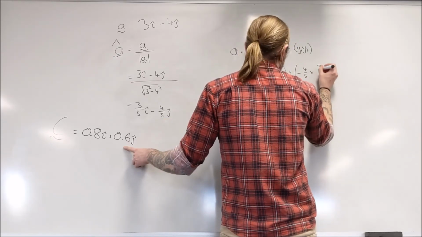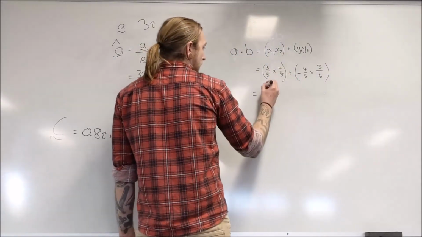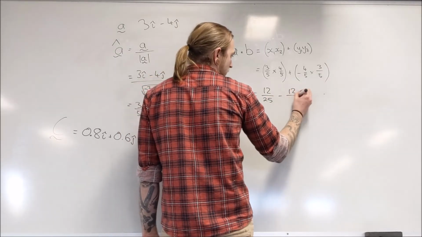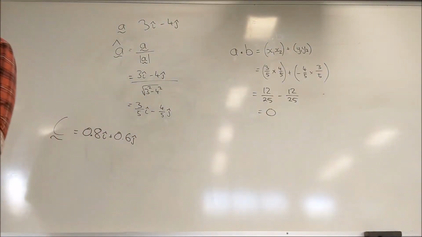And your 0.6, which is your 3 on 5. 12 on 25 minus 12 on 25 equals 0. So C is your correct answer. Their dot products equal 0, therefore those two things are perpendicular. Does that make sense? Yes.